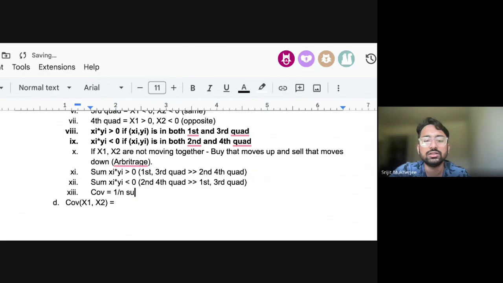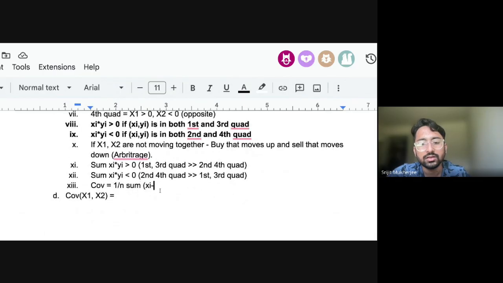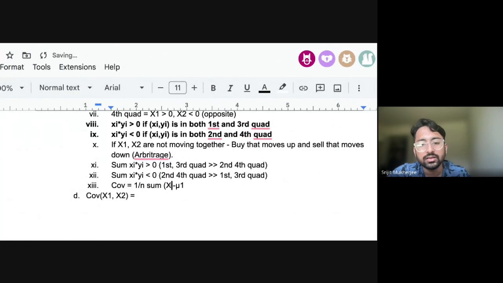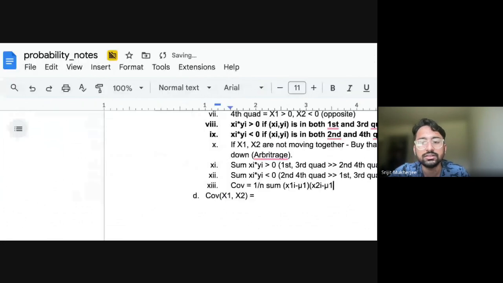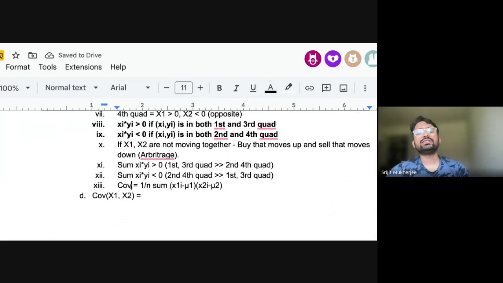So the sum over x1i minus mu1, times x2i, all the values it can take, minus mu2. This is what the covariance of x1, x2 looks like.